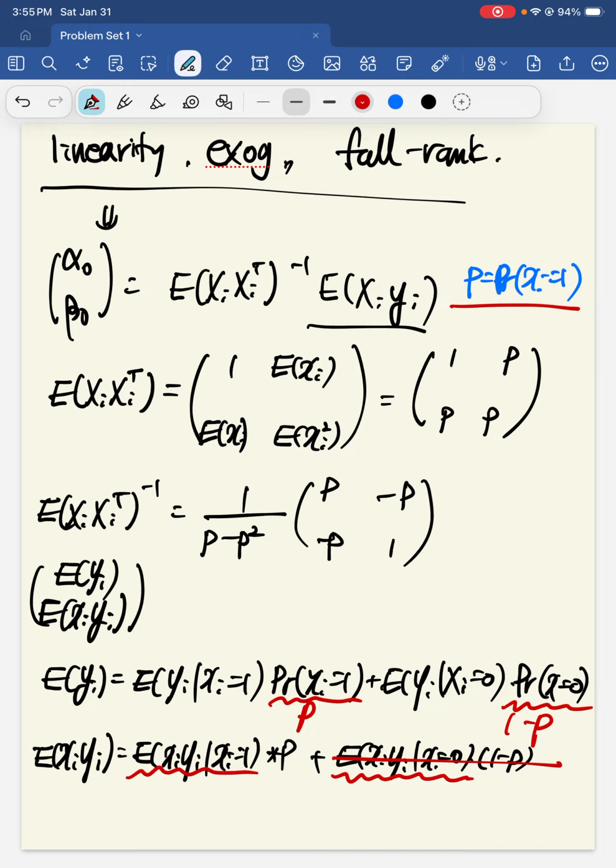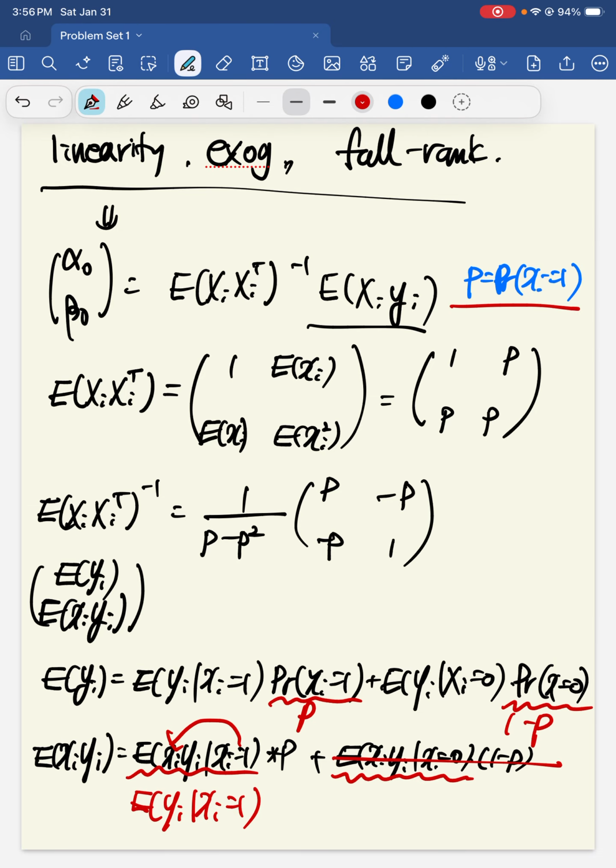This part can also be simplified to expectation of y given x equals 1 because x is 1. Then from here it's simple algebra.